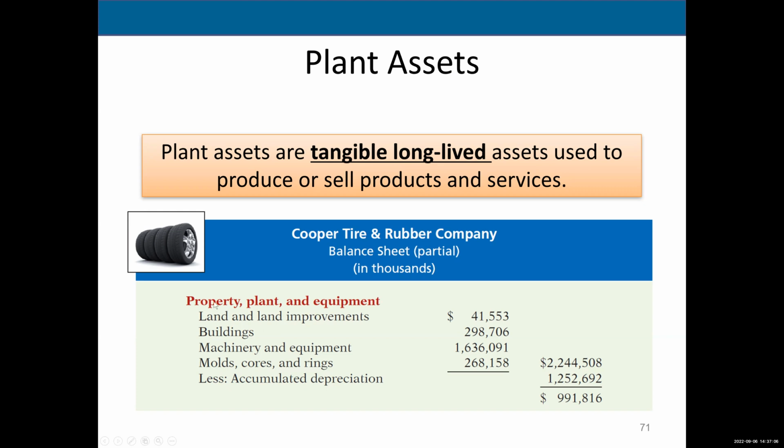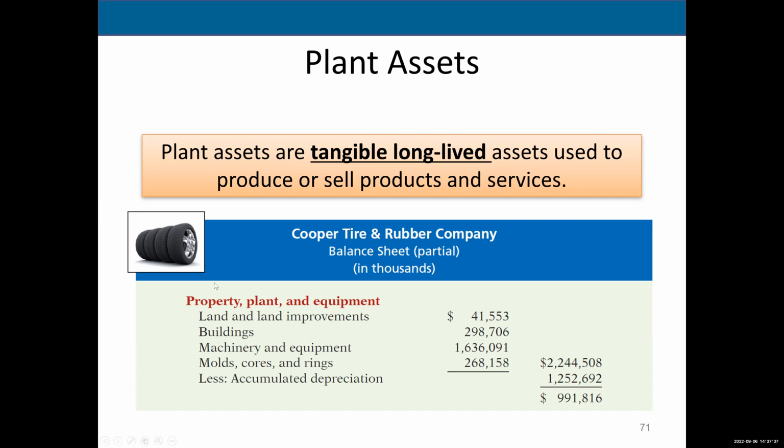Property meaning land, plant meaning the building, and of course, equipment is equipment, right? Now, plant assets are tangible, long-lived assets. What do I mean by tangible? You can touch them. You can touch your truck, right? It has physical substance. You can touch your computer monitor. That would be a plant asset too, right?